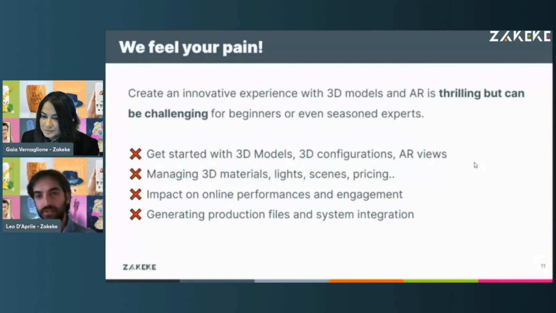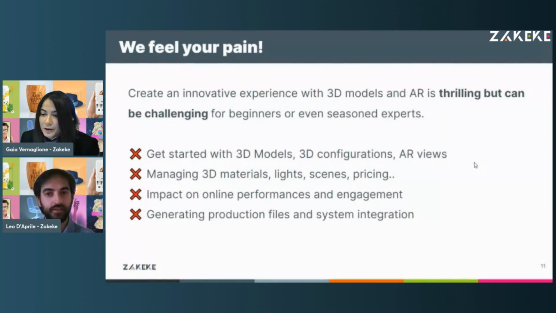So you do have a production in place, you do have your orders, your fulfillment, but how this technology can be integrated in your ecosystem is a challenge, is a big question mark, right, Gaia? Correct. For example, when I first approached 3D models, I was thrilled, but what about, for example, the files? What does Zakeke need, for example, to work?